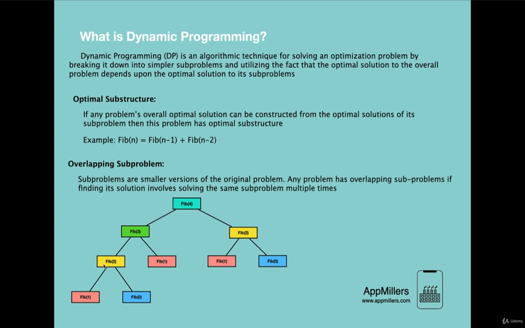So when we are calculating them, we are storing the answers of these problems. So this means that when we solve, for example, Fibonacci 2, we don't need to solve it again over here. So this improves the time complexity of the problem. So this property, the overlapping subproblem property, makes dynamic programming different from the divide and conquer algorithms. And this is an advancement of the divide and conquer approach.